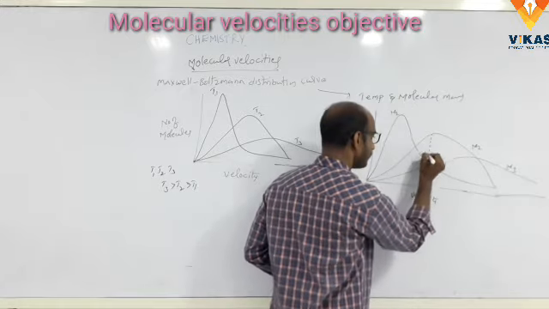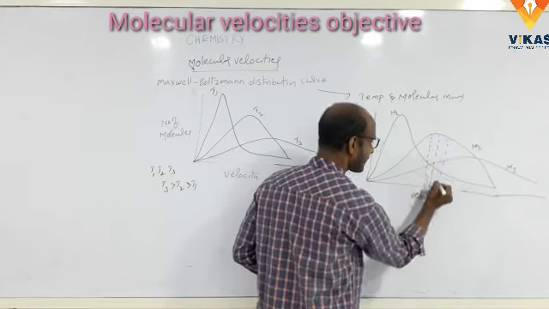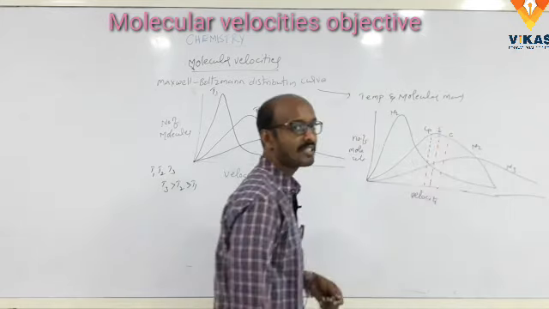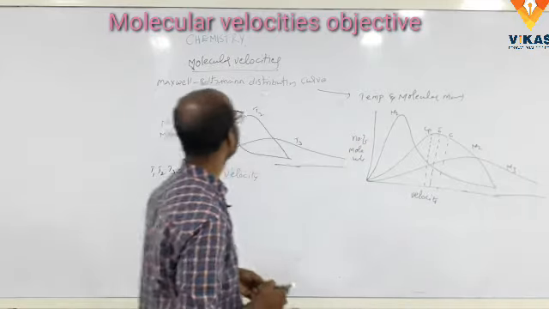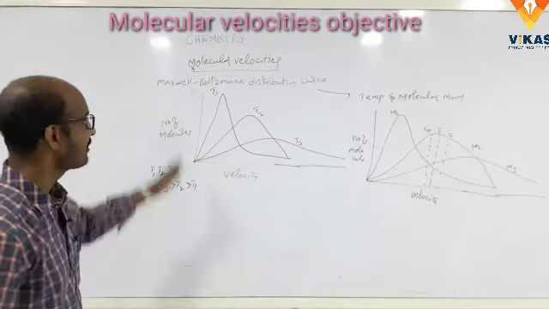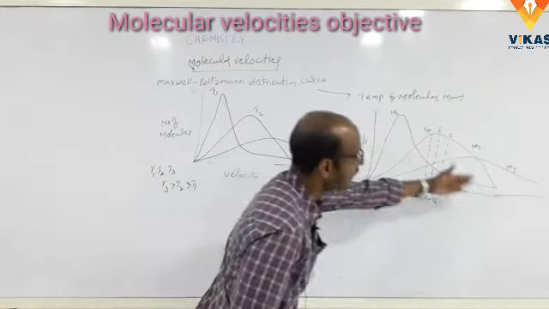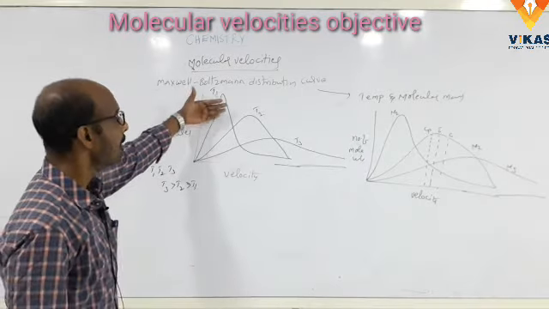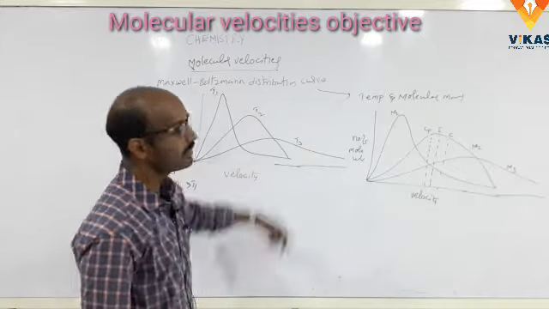Here we know the three velocities, Cp, C bar and C, meaning most probable velocity, average velocity and RMS velocity. So last class we discussed the molecular velocities and the Maxwell-Boltzmann distribution curve at different temperatures and molecular masses. As the temperature increases, the graph becomes broader. That is the final report of the Maxwell-Boltzmann distribution curve.